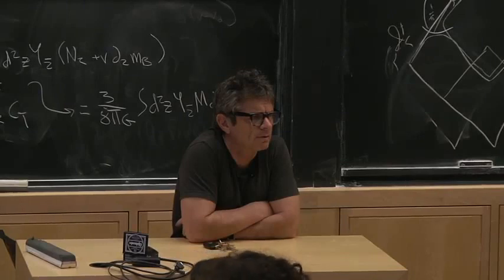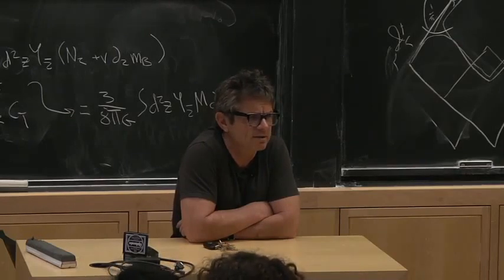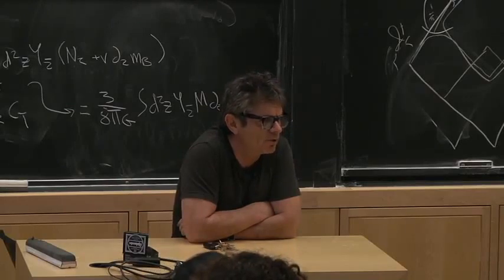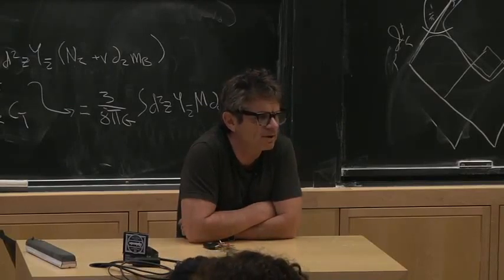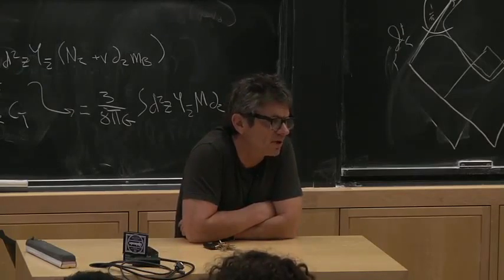Do you have to impose some sort of new falloff conditions? No, it's a calculation that you have to do to show that, which I didn't do, but it's not very hard to show that it's just some powers of r, and that the thing that I wrote down solves the full Maxwell equations for every r.